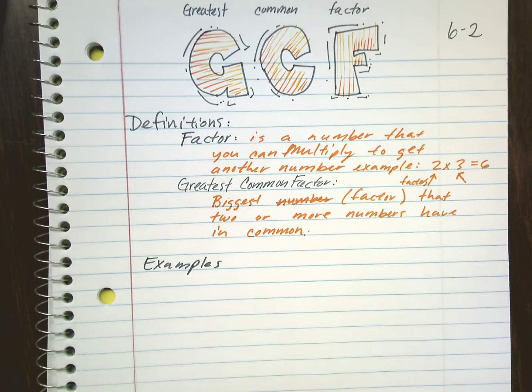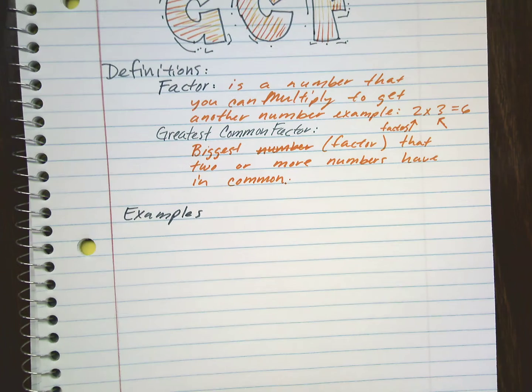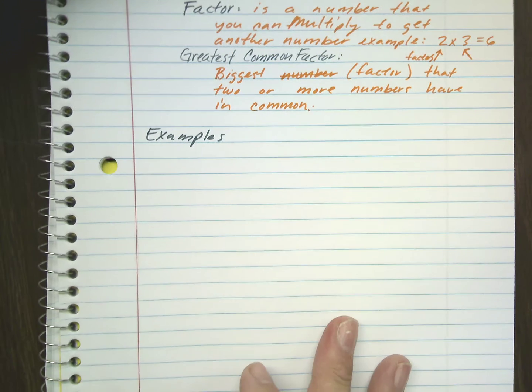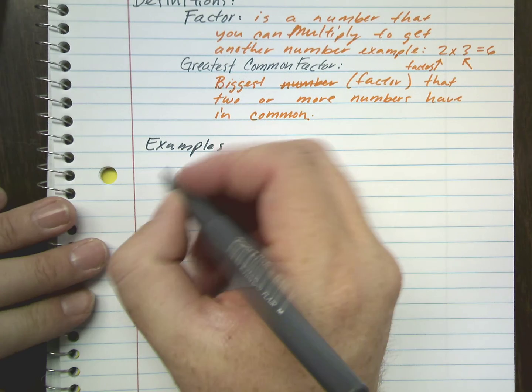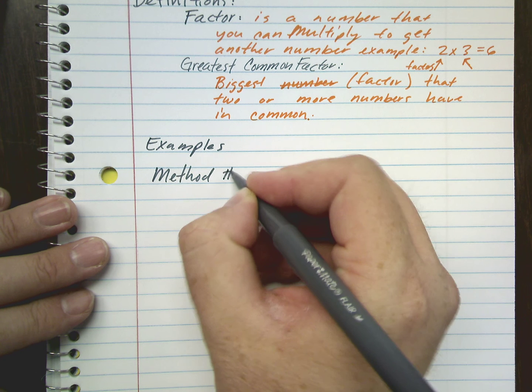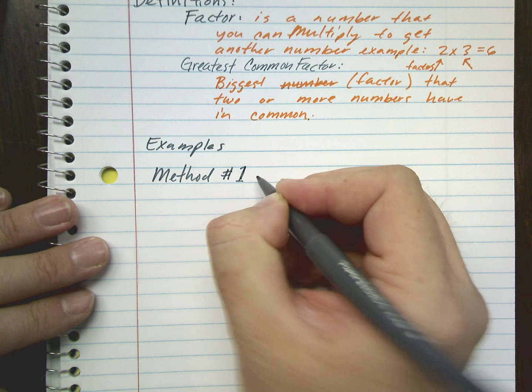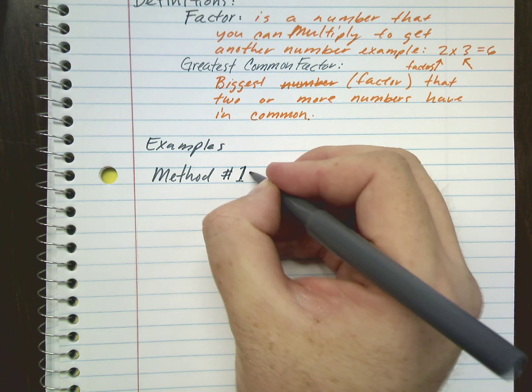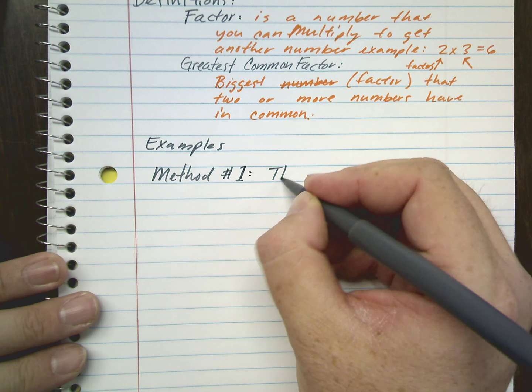First, I'm going to start with method number 1. There are 3 ways to do this, so we'll start right here with the first one, the list.